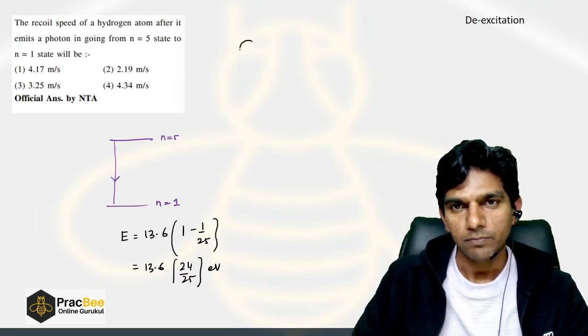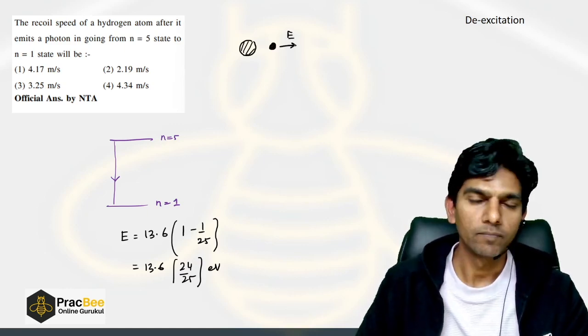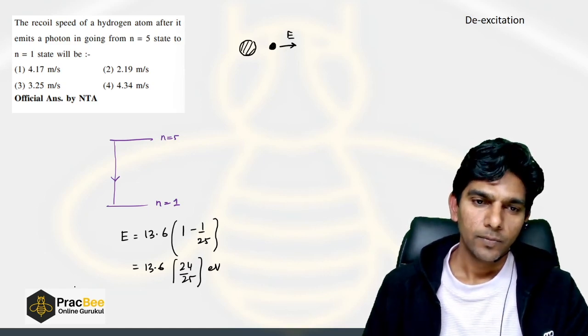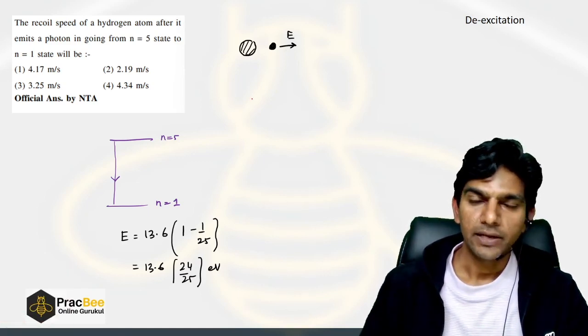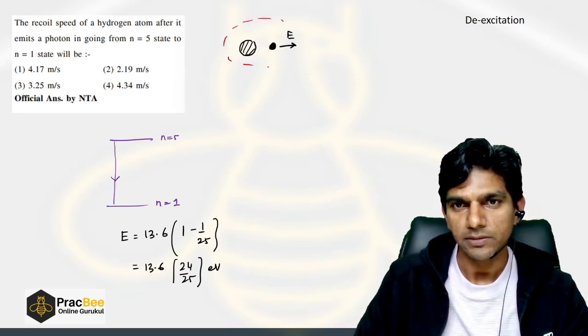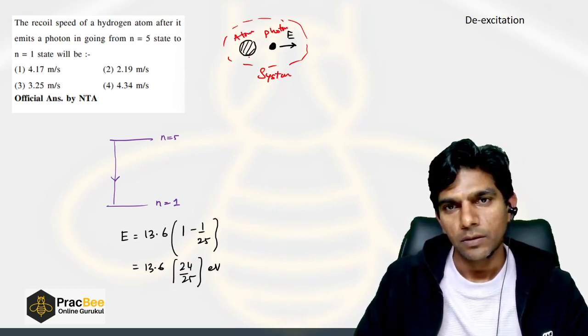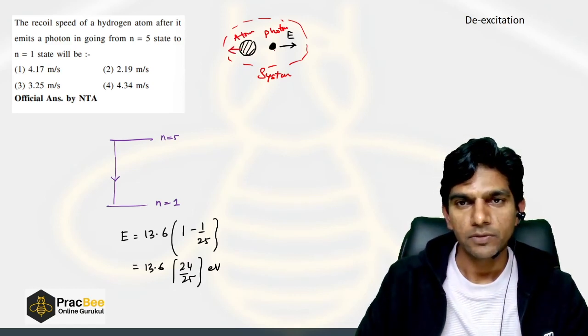So we have an atom, and this atom releases a photon, and this photon is having an energy E. Now what would happen? So if I apply momentum conservation for this system, so this is photon and this is atom. Now the atom will go in the left direction if the photon is going in the right direction to conserve the momentum.